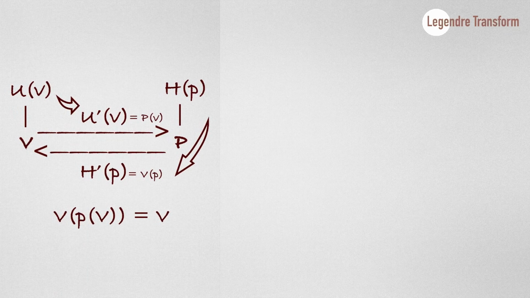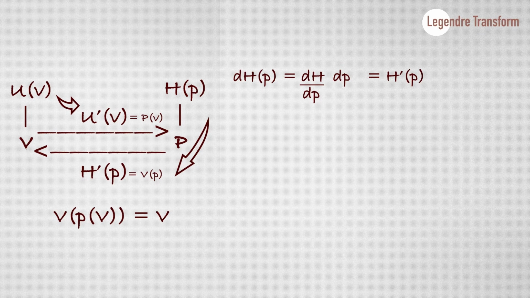So the first thing we can observe is that regardless of what h is, the change of h, and h is a function of pressure, has to be equal to the change of h over the change of pressure times the change of pressure. And we can see that this here is the first derivative of h. So we have dh is equal to h prime of p dp, right?